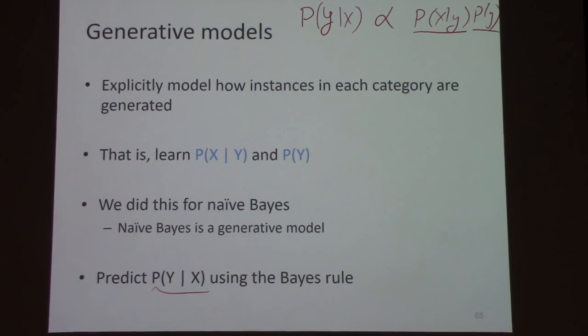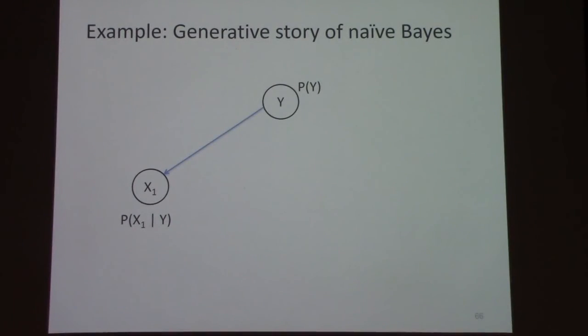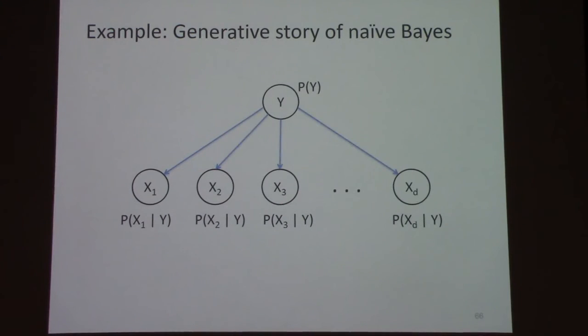This is actually a subtle difference that may not jump out, so let me try to give you an example. In the naive Bayes model, once the learning is done, I want to predict the label for each example. But in the generative story, I'm first tossing a coin with a bias, the p of y. And based on the value of this coin toss, I'm creating each feature from this distribution, p of x1 given y, x2 given y, and so on, all the way to p of xd given y.